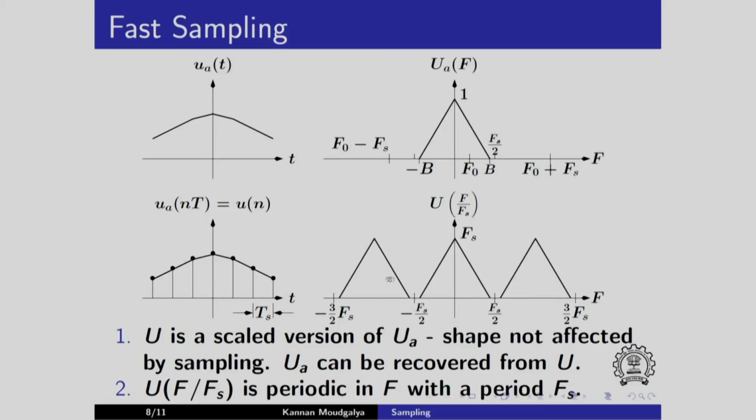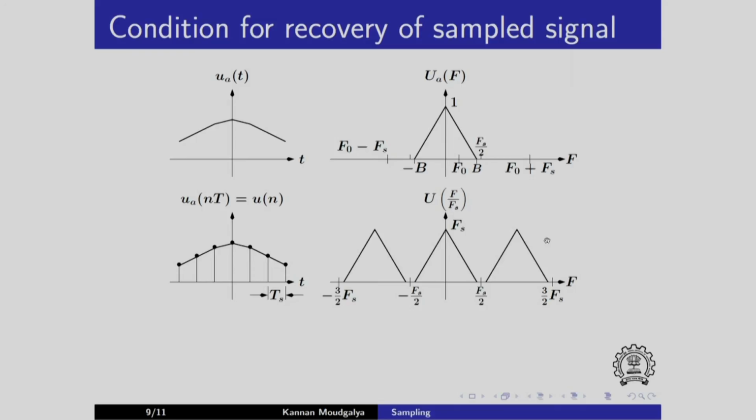So as I mentioned, capital U for discrete time is periodic in F with a period Fs. From the same figure we can get the condition for the recovery of the sampled signal. Notice that we can recover this analog waveform from the discrete time waveform, because what you have in the middle is not distorted.